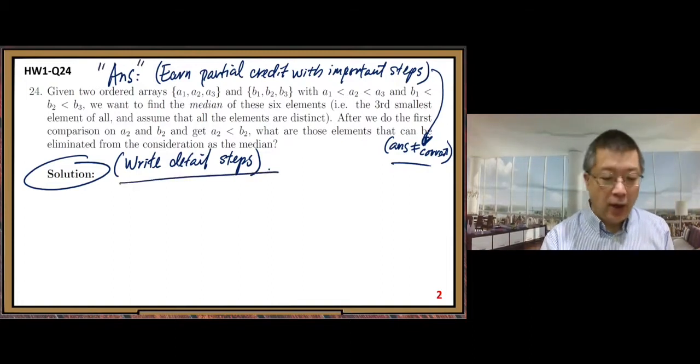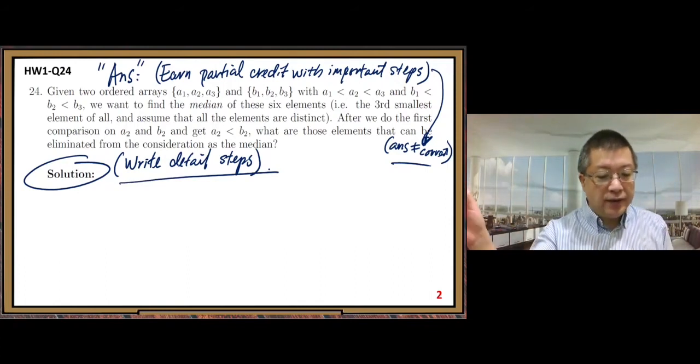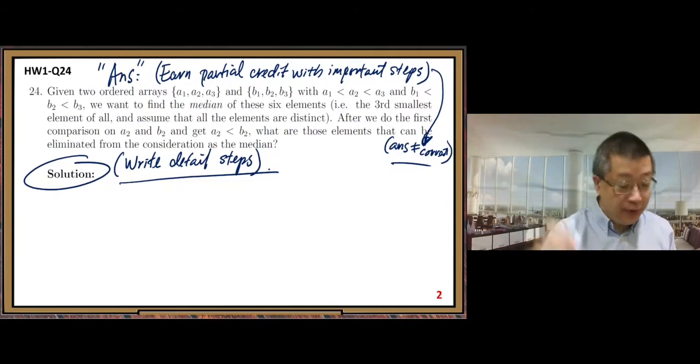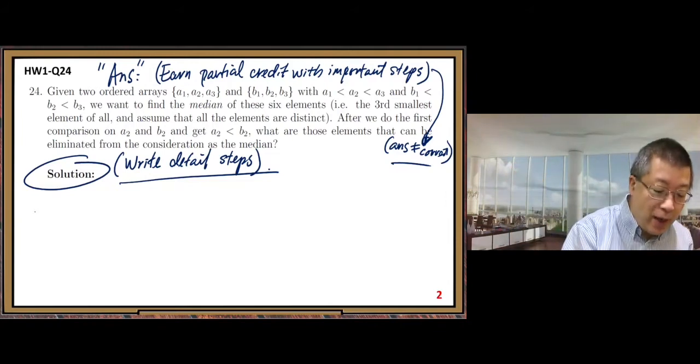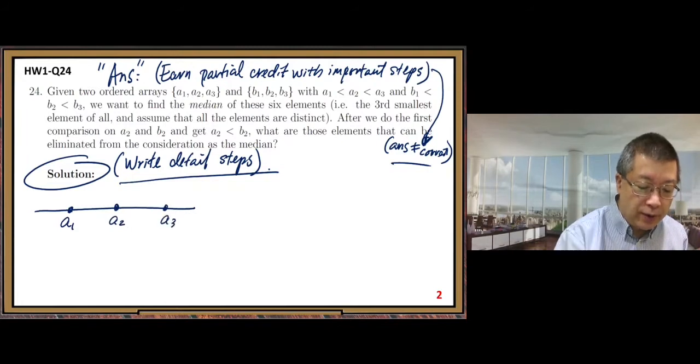All right, so here, 2 ordered arrays. I already ordered them, okay? So here I may like to write a diagram. The first ordered array, A1, A2, A3. The second ordered array, B1, B2, and B3.